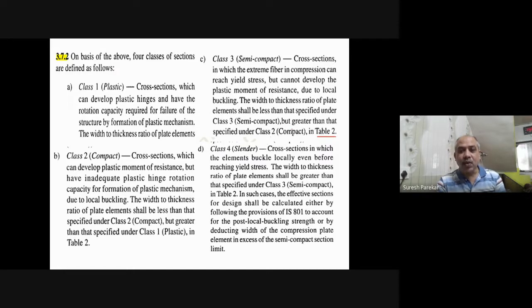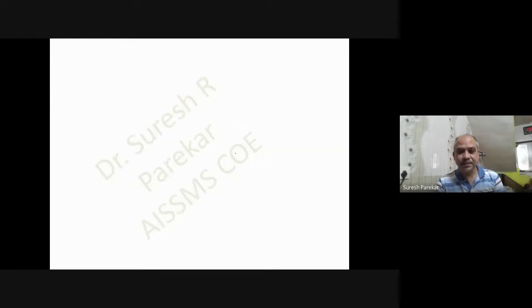But if it goes to class 4, then it will be slender, and we have to find the value of AE by making the width to thickness ratio as per class 1, 2, 3, and therefore my AE is less than AG. Therefore we always try to avoid slender sections, because they will not be economical, as AG will not be considered for the strength purpose.